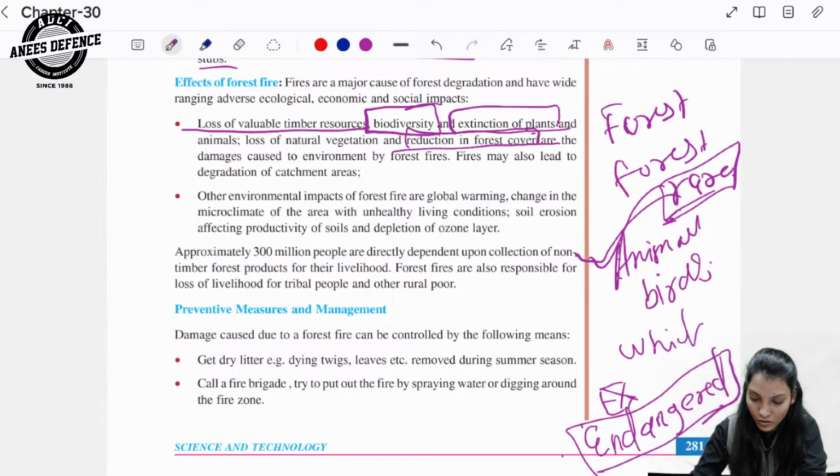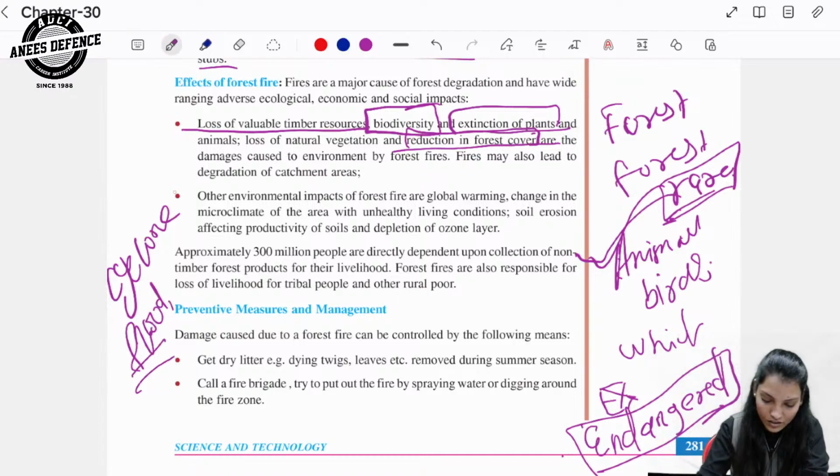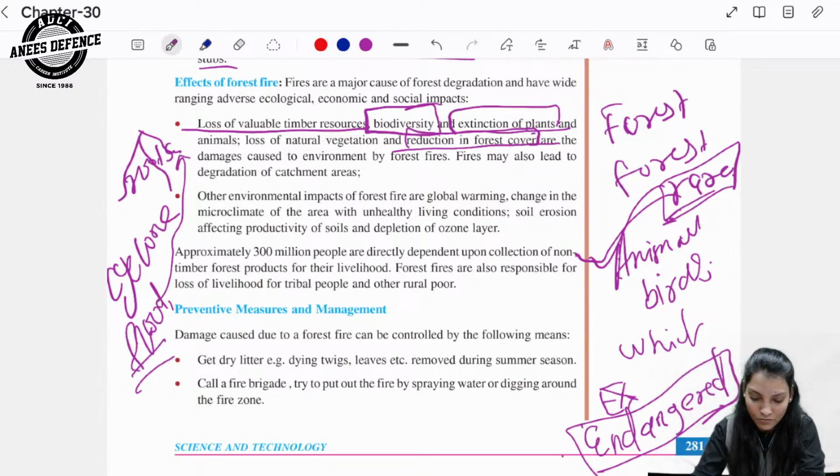Forest cover is important for controlling cyclone as well as flood-like conditions. Forest trees have roots, so roots can absorb more water in case of flood. If we have forest cover, we can control this flood condition.